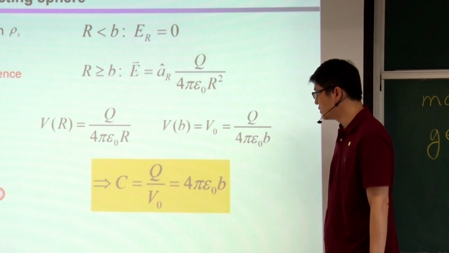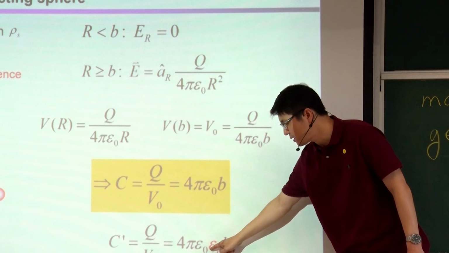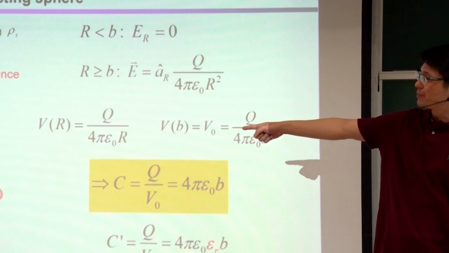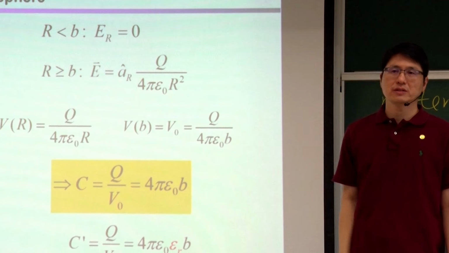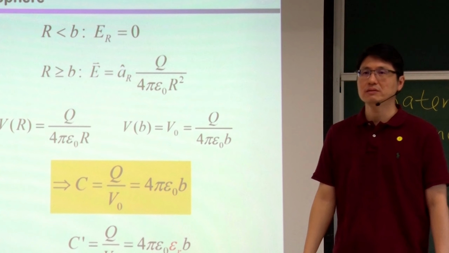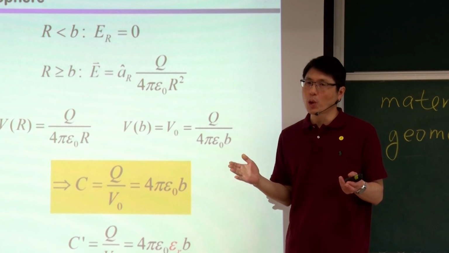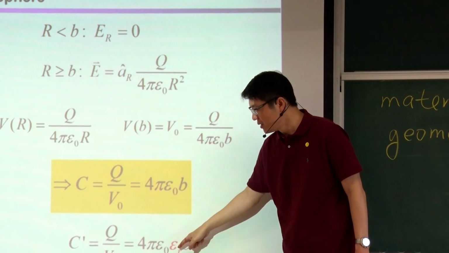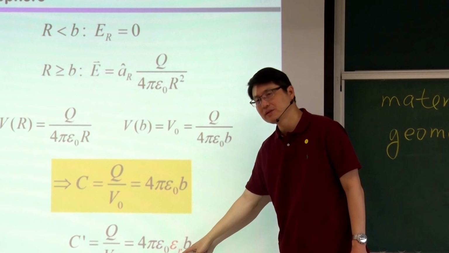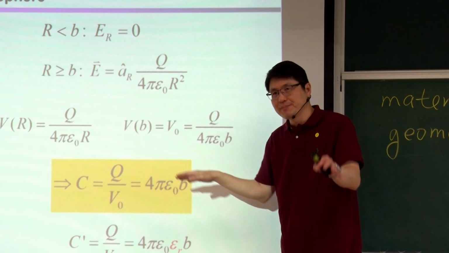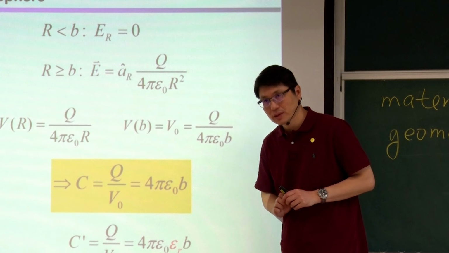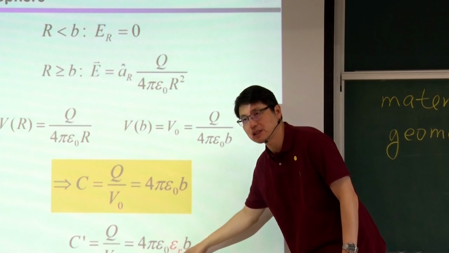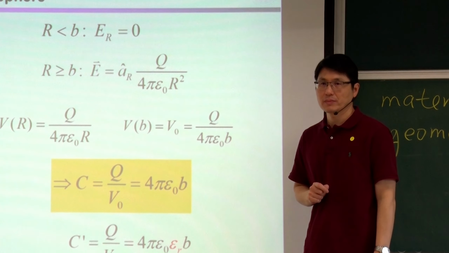All you have to do is add epsilon r. So if you immerse this in water, in sugar, in salt, in glass, you don't need to go over the derivation again. All you need to do is incorporate the corresponding relative permittivity of your ambient material. So that takes care of the material dependence.